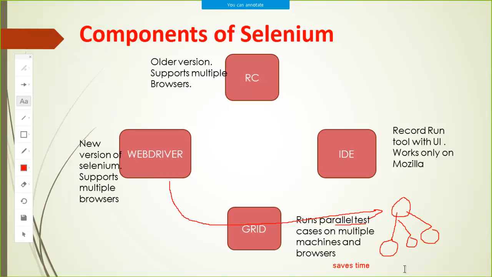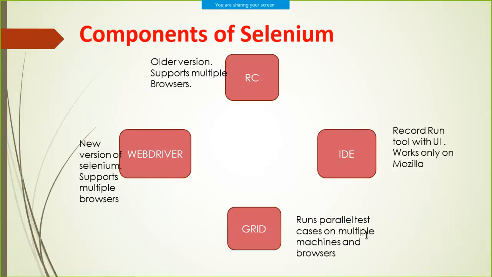So you can execute the test cases on multiple operating systems, or multiple test cases on multiple operating systems. It all depends on your configuration. Okay, so WebDriver is a web automation framework that allows you to execute your tests against different browsers, not just Firefox, unlike in the case of IDE.